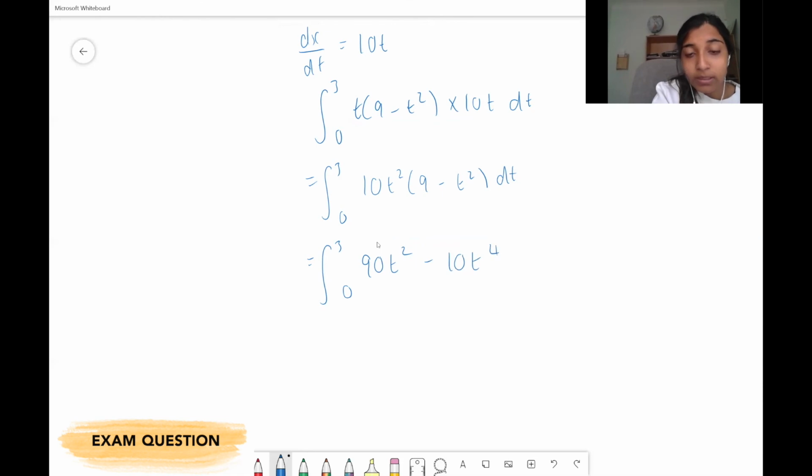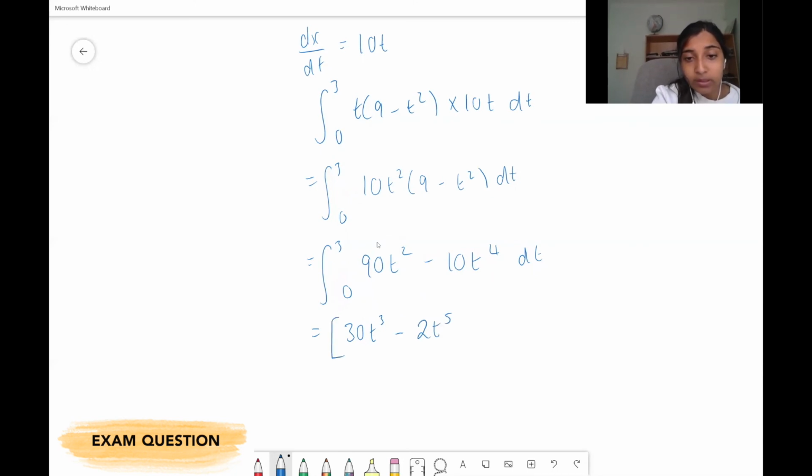That would be equal to the integral between 3 and 0 of 9t squared minus 10t to the power of 4 dt. If we integrate this, we add 1 to get to the power of 3, so 90 divided by 3, that's 30t cubed, minus, if we add 1 to t to the power of 4, we'd get 5, so 10 divided by 5, so minus 2t to the power of 5.